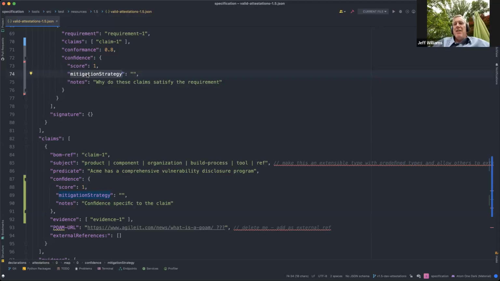Yeah, I feel like that's evidence, but maybe it's a different kind of evidence. I don't know. Again, this is maybe where we shouldn't use the same confidence block for each.